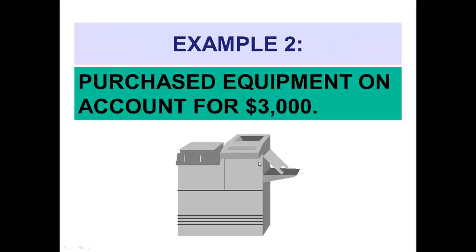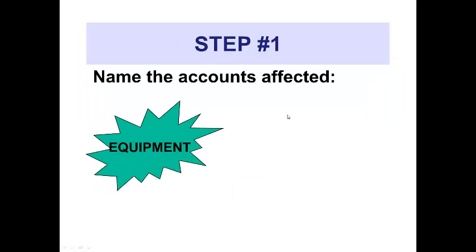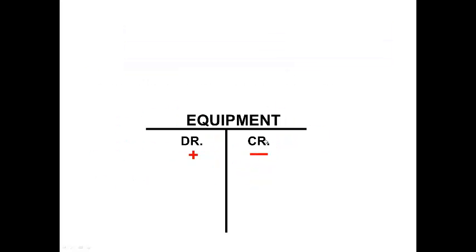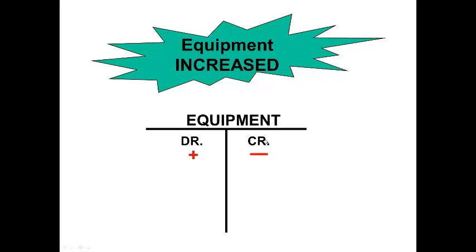Here's a second example. If we purchased equipment on account for $3,000, we figure out the 2 accounts that are affected are equipment and accounts payable. Equipment was increased because we purchased more. So to increase an asset account like equipment, we debit.